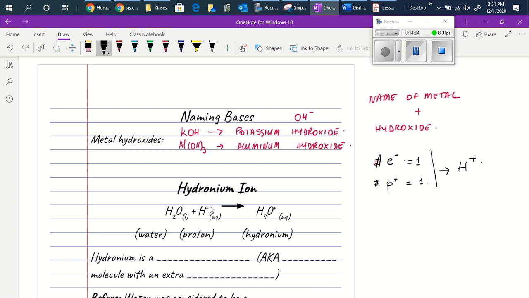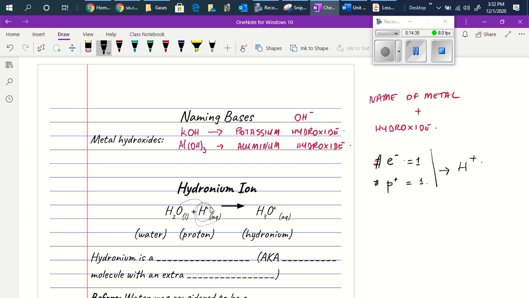Okay, so now this proton, which is in water and is charged 1, because of the nature of the water molecule will be attached to the water molecule to create what is known as the hydronium.